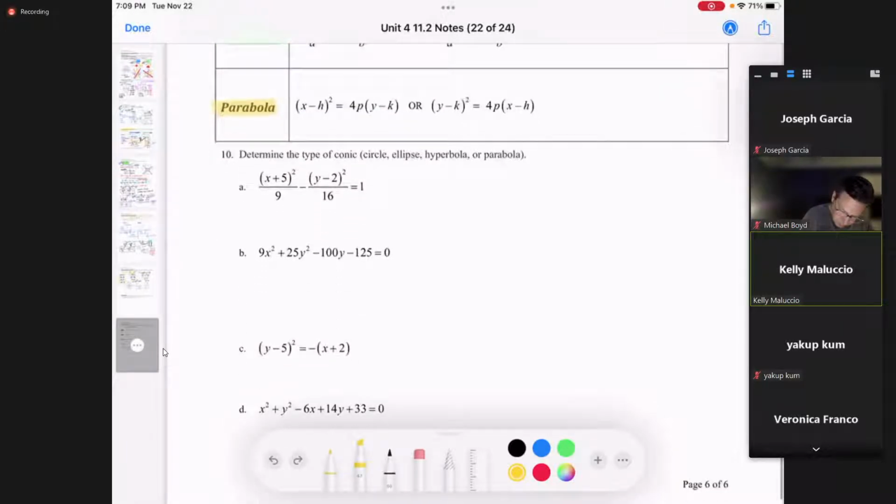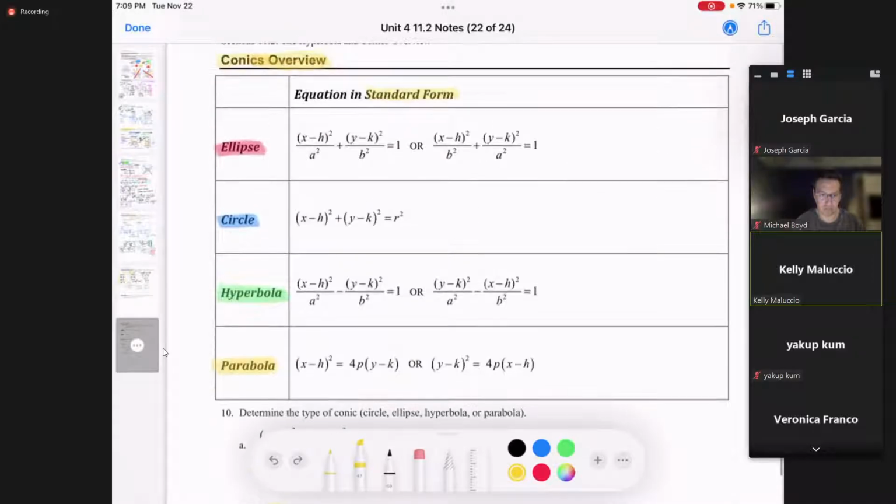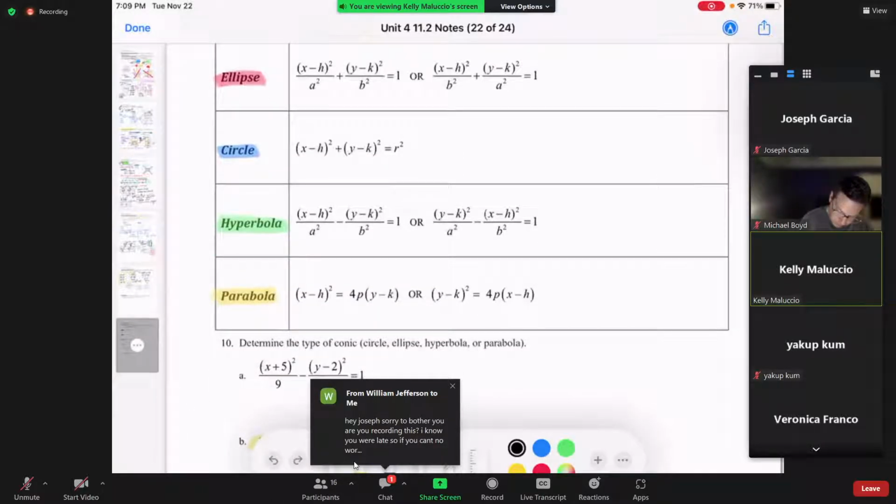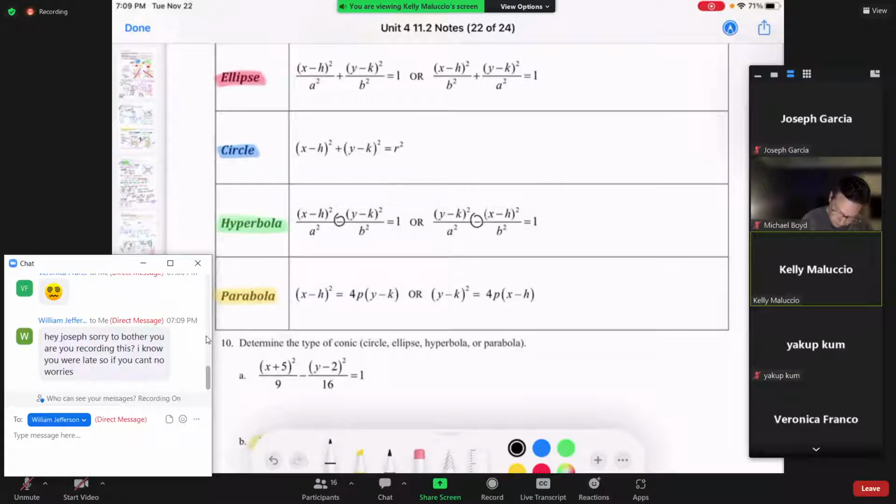But if it can be equal to 1, looking at these, you would see, are the X squared and Y squared both positive? In this case, they're both positive, right? But notice how this one was minus. Because they're both positive, I can automatically cross off what we just did today, hyperbola, because we need a minus somewhere, right?